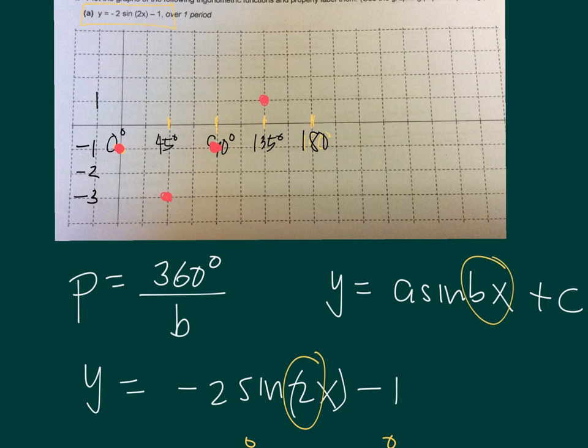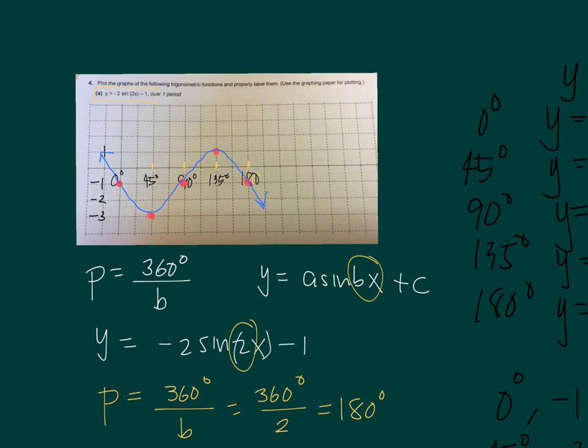Then what you can do is just connect the points, and this will give you an estimate for the graph of y equals negative 2 sine 2x minus 1. So see the graph, a wave type of graph. So this is negative 2 sine 2x minus 1.